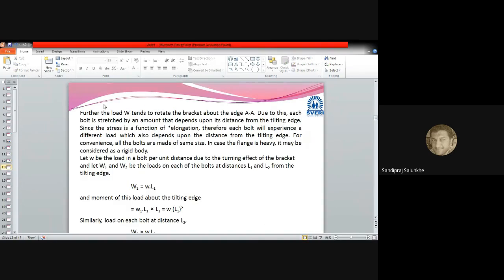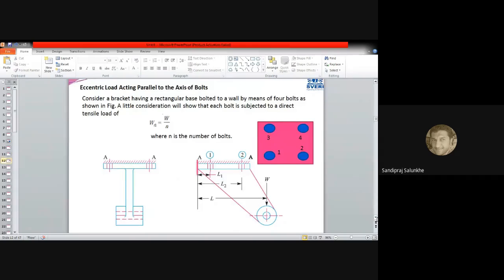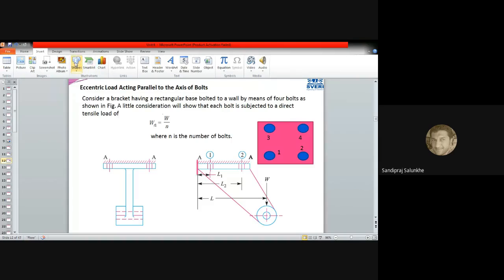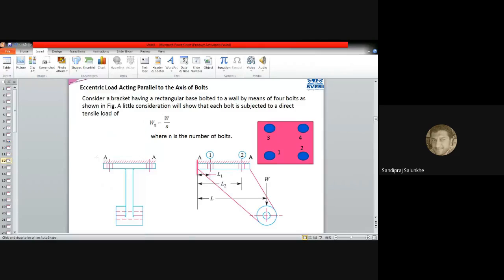Now this load W tends to rotate this plate, right? Because W is eccentric, it is trying to tilt the structure in this way. If we take the base as this red line, that is the tilting edge, then we'll calculate all the dimensions.